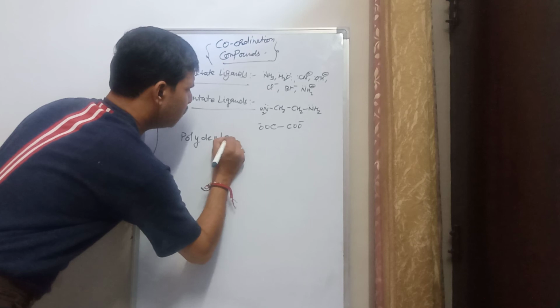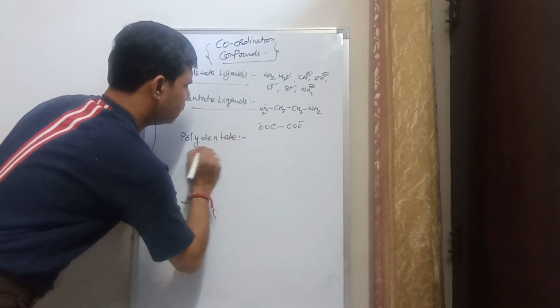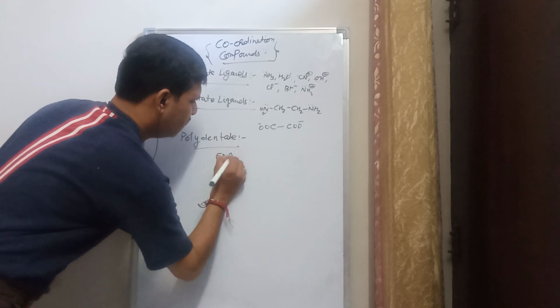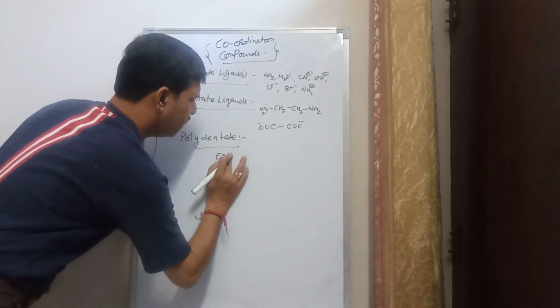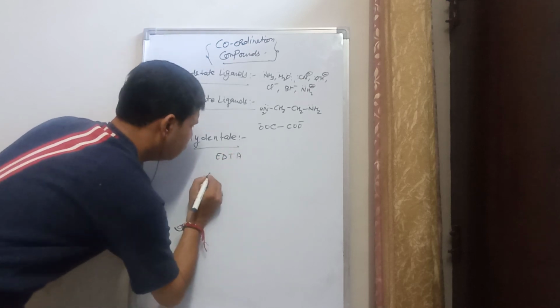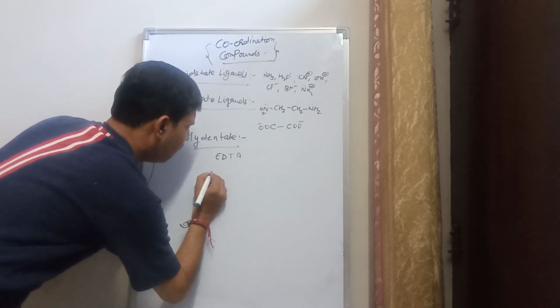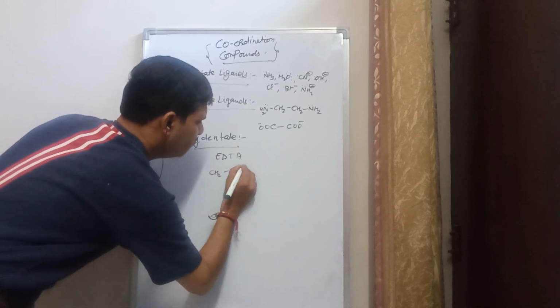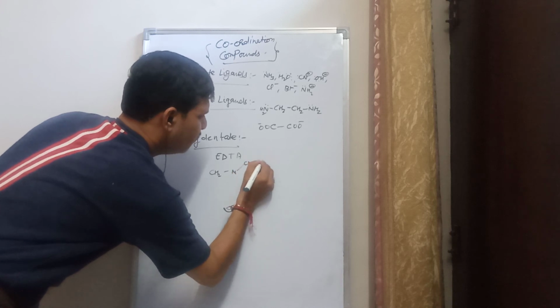We can study a very interesting example of polydentate ligands, that is ethylenediaminetetraacetic acid, EDTA, and the formula of this EDTA is CH2 and CH2 COO.